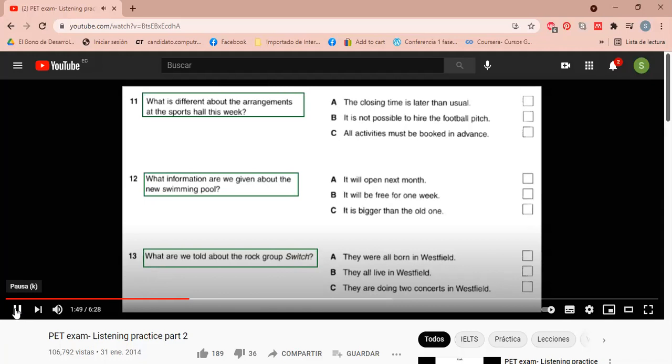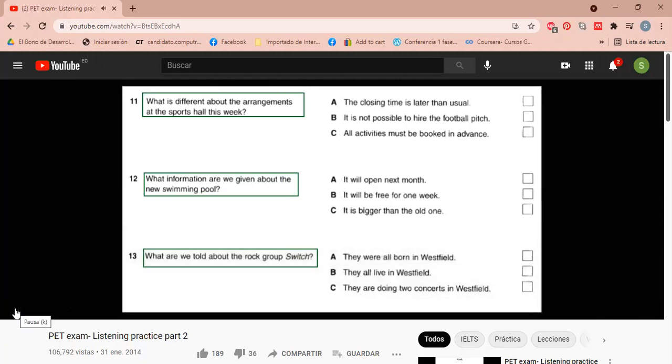Many people as possible use the sports hall this week. It will open an hour earlier than usual at 8 a.m. and shut later at 10:30 p.m. instead of 9. If you want to do one of the more popular activities, you should ring and book as usual. The indoor football pitch is always popular and has to be booked in advance. But what about the swimming pool?